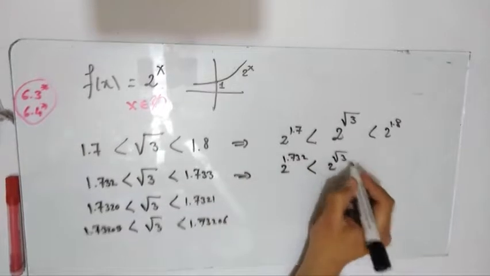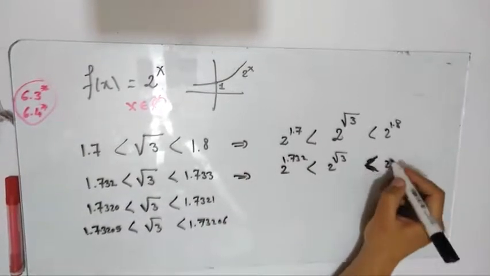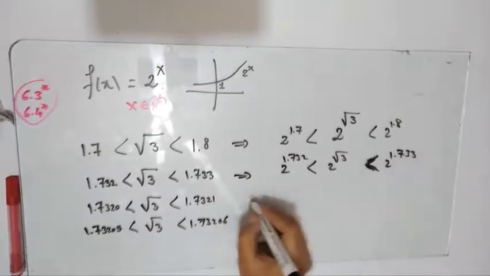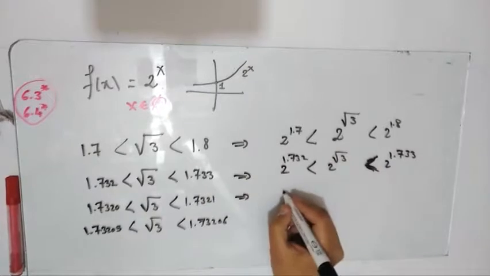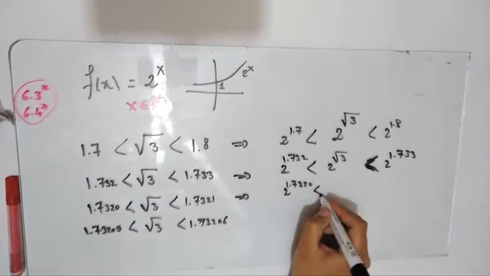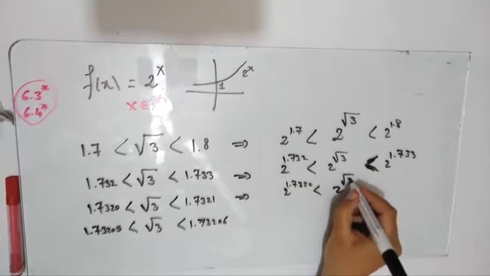In this way you can see that 2 to the power 1.732 is less than 2 to the power square root of 3, and less than 2 to the power 1.733. Let me write. So you'll have 2 to the power 1.7320 is less than 2 to the power square root of 3.